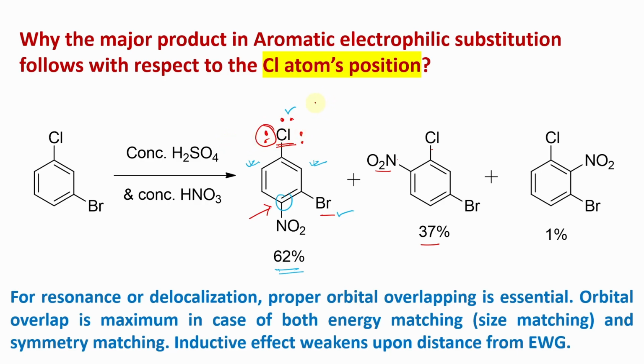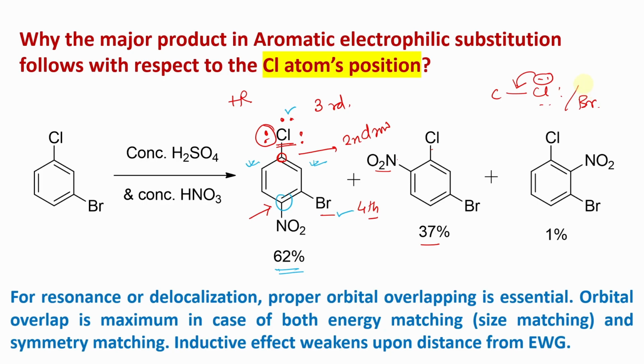Why? Because chlorine belongs to the third row element and bromine belongs to the fourth row element, and if they want to show their plus R effect, they need to overlap, means they form a partial double bond with this carbon, and carbon belongs to the second row element. So you may consider this carbon-chlorine overlap is relatively better compared to carbon-bromine, because of larger size, so orbital size is more, so orbital overlap is relatively lesser.